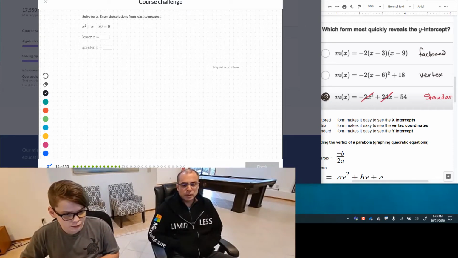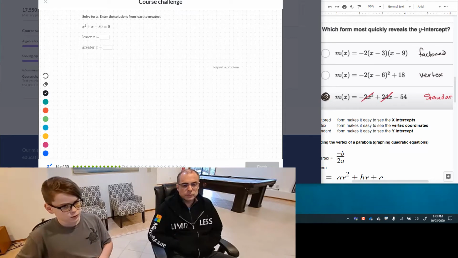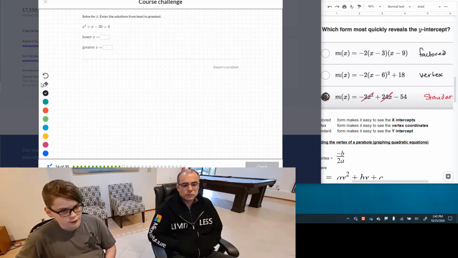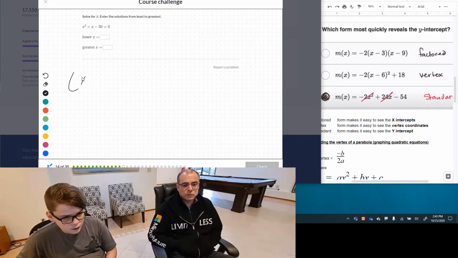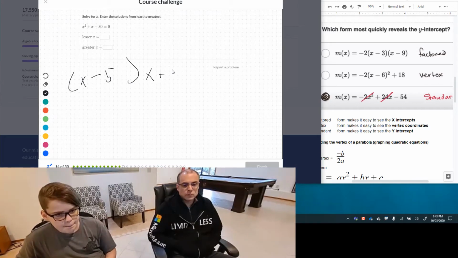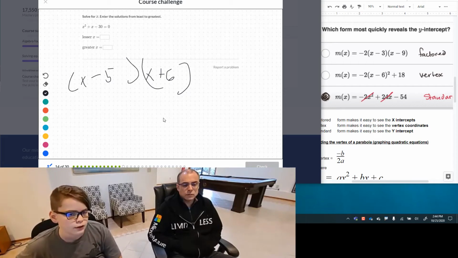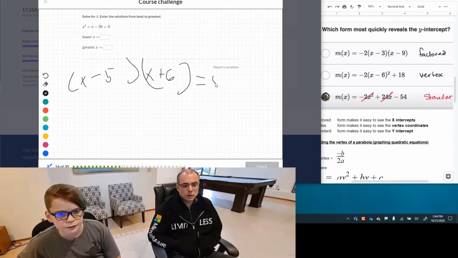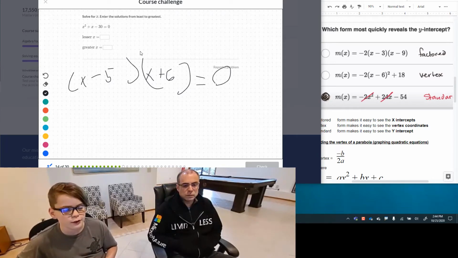So then that would... double check that. Oh, okay, 5's negative. So then it just equals 0. Okay, so then the lesser one is 6 and the bigger one is 5.